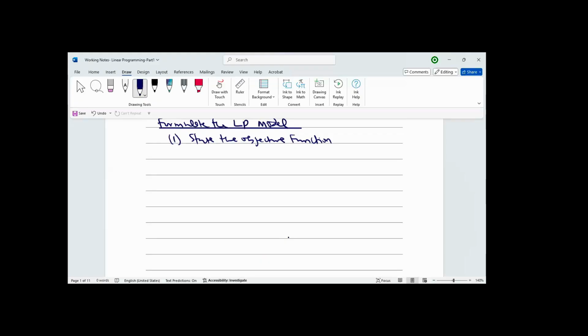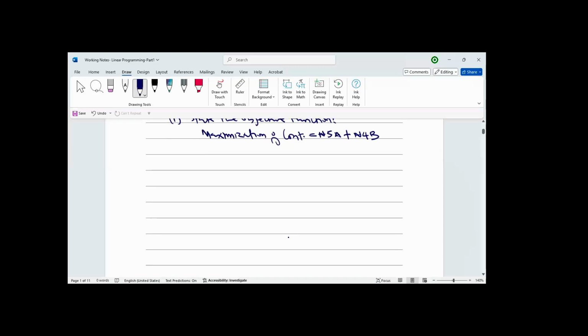Under my objective function, I would then say maximization of contribution equal to, let's say you have products A and B, 5 naira of product A plus 4 naira of product B. With this, I have stated the objective function. The objective is to maximize contribution.